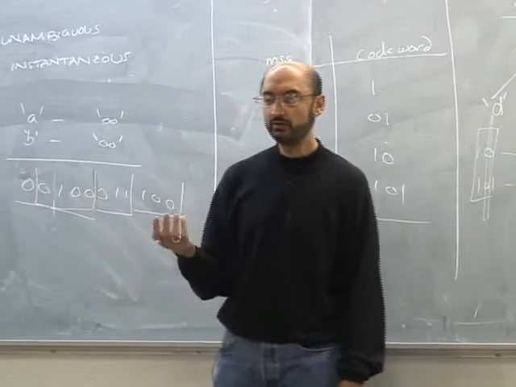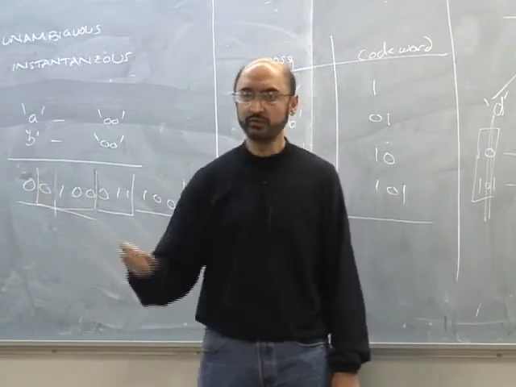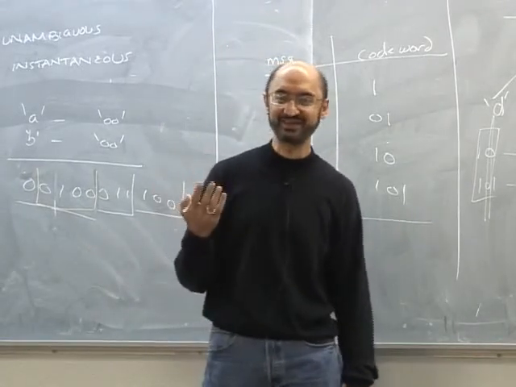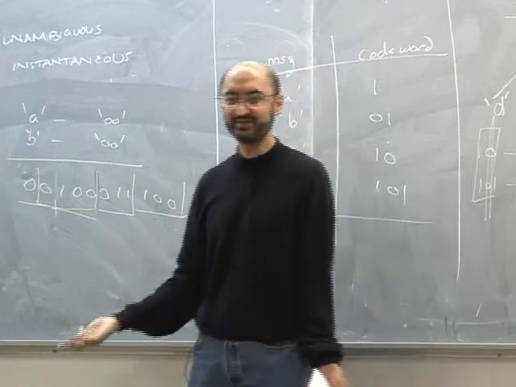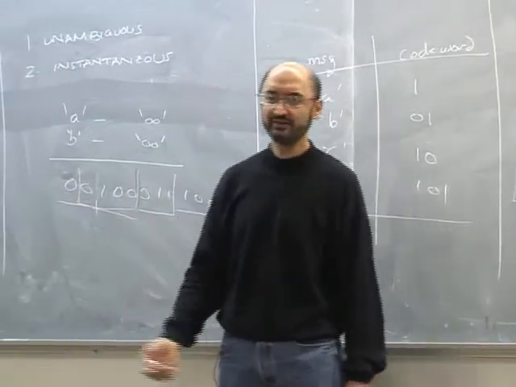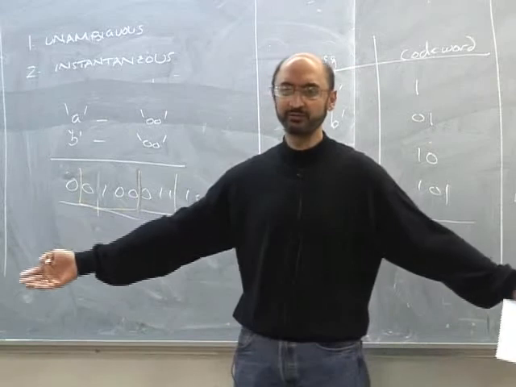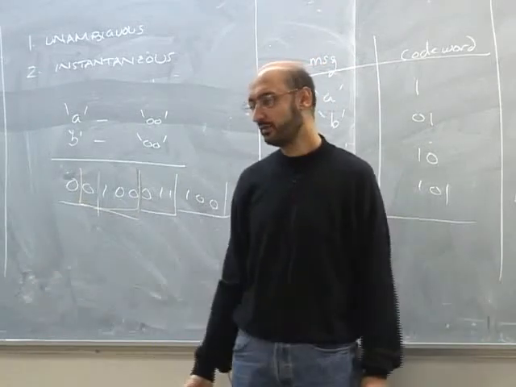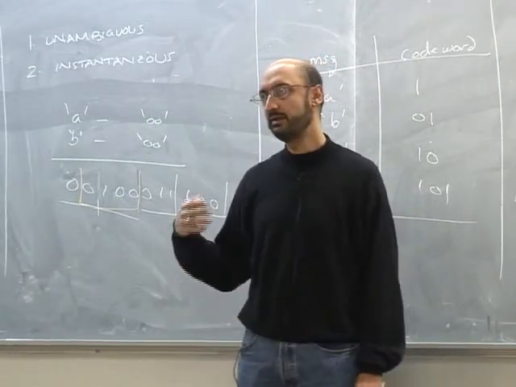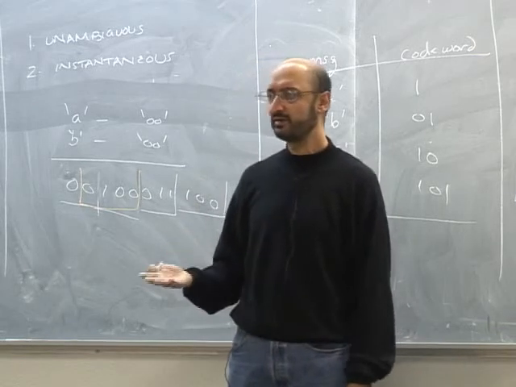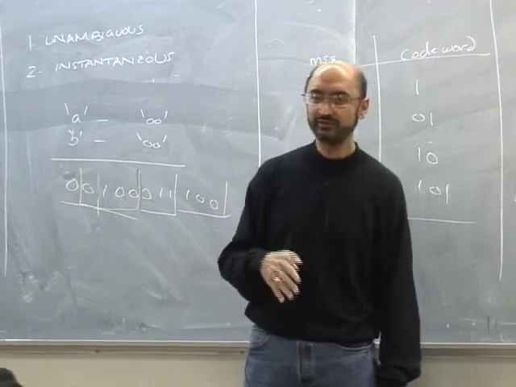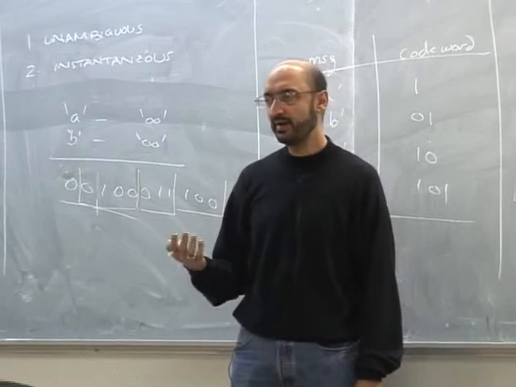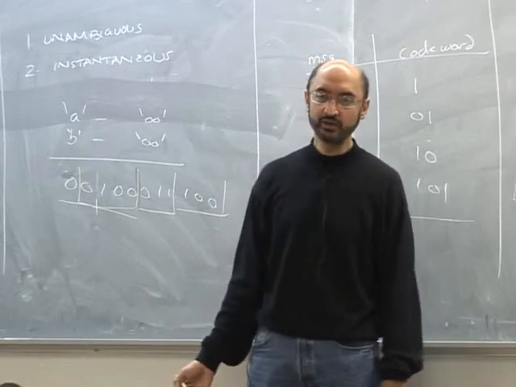However, if you're willing to live with a non-instantaneous code, all you need is a bit of RAM. Today, a gigabyte of RAM costs, I don't know, $5, $10, something ridiculously cheap. That's 1 billion bytes you can put in there. So the emphasis that information theory places on instantaneous codes is historical, but in my mind it's just archaic. We really don't need to worry too much about it.